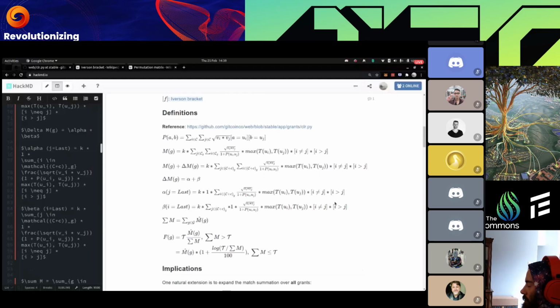So this is what's happening here. I put alpha and beta, not in the sense that they are actually constants.